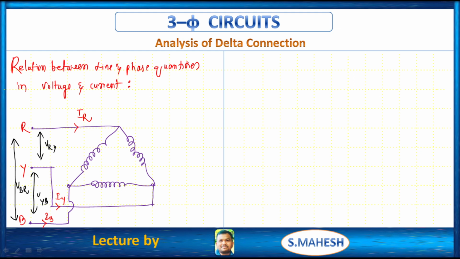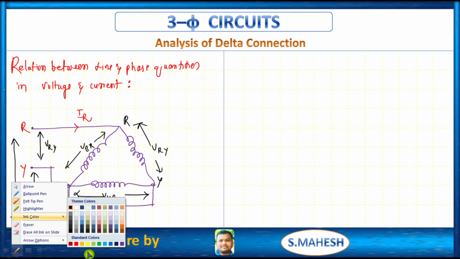Completed. Okay. Then what about phase voltages? This is R, Y, B. Between R and Y, V_RY, between Y and B, V_YB, and between these two, V_BR.